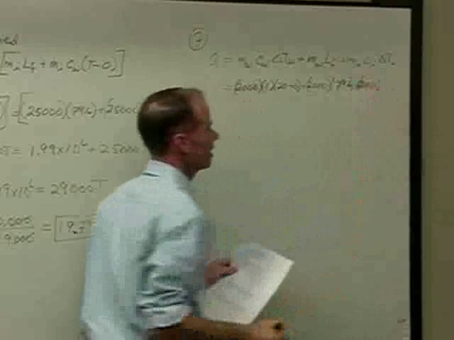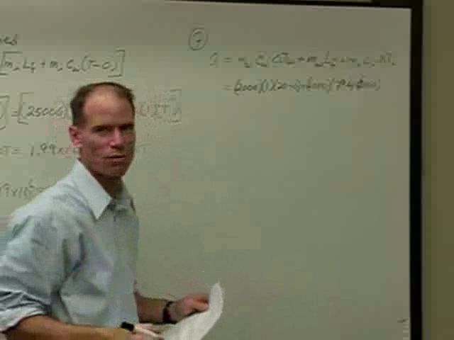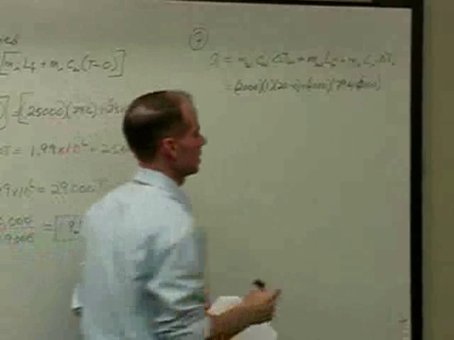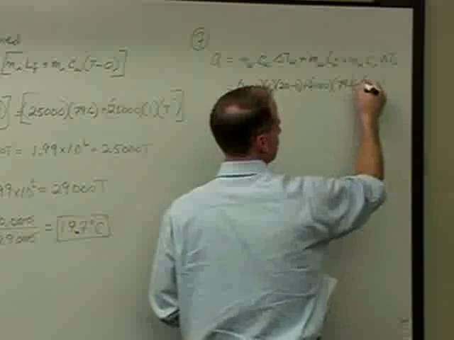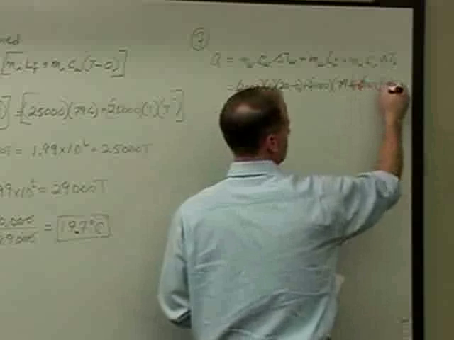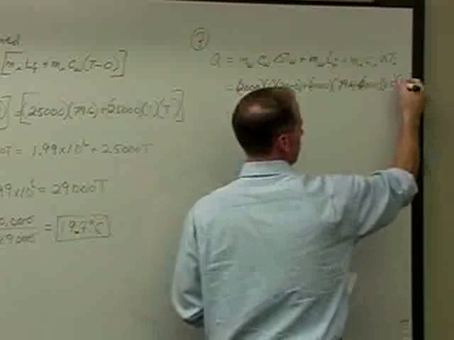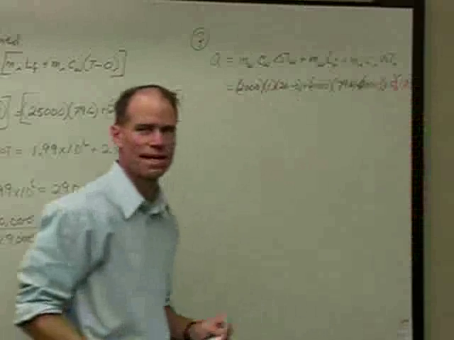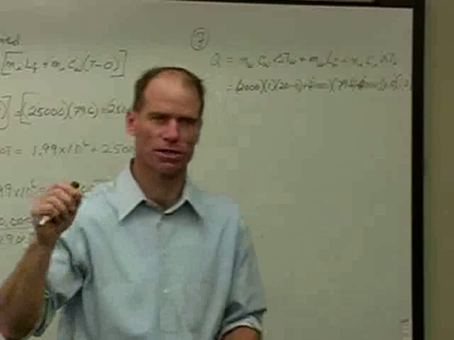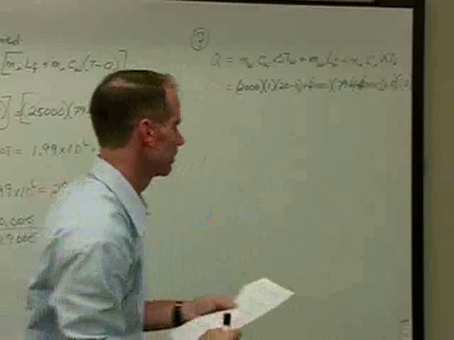The mass of the ice is the same as the mass of the water, only now it's ice. That's 2,000 grams, times the specific heat of ice, which is 0.5. And our change in temperature there will be 10, because we're going to go from 0 down to -10.